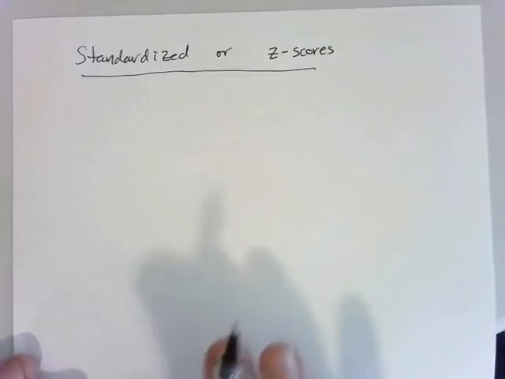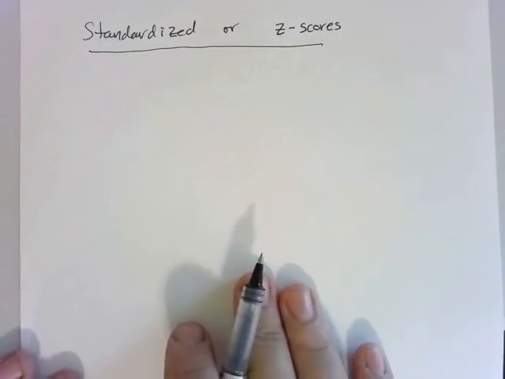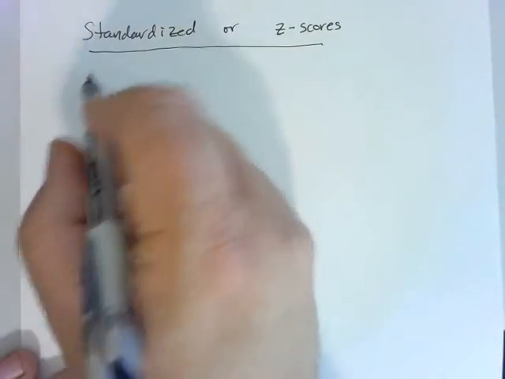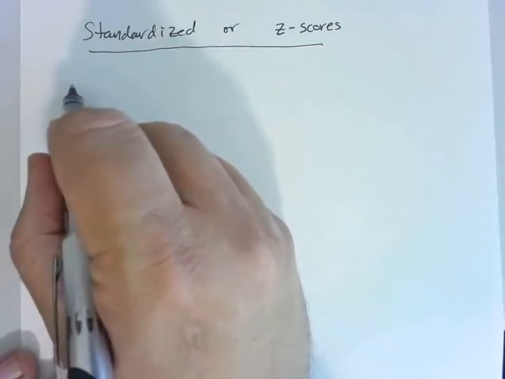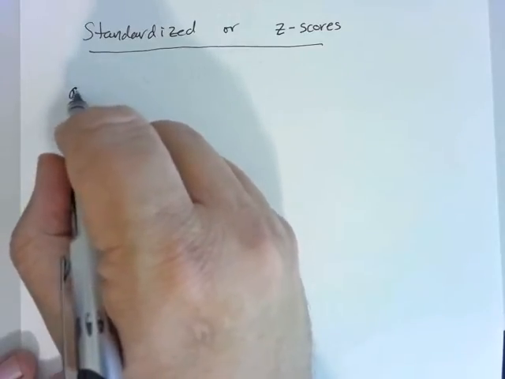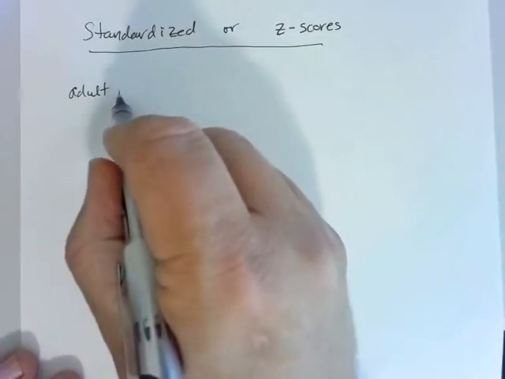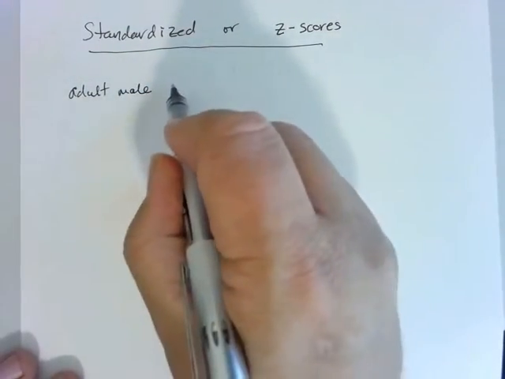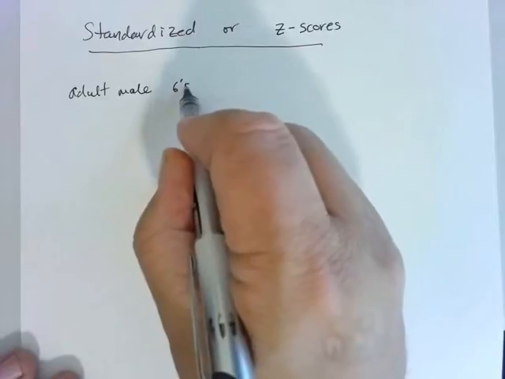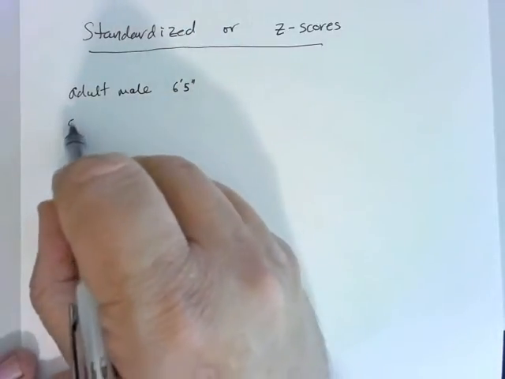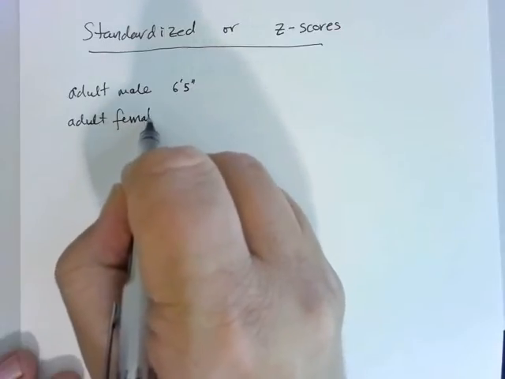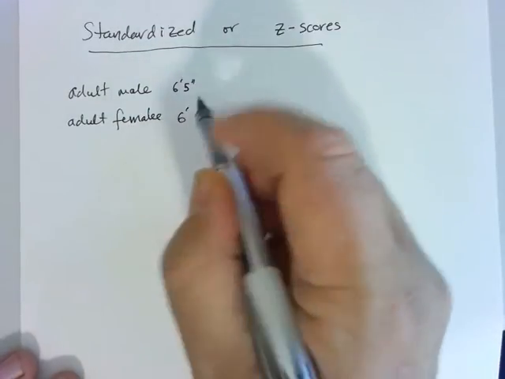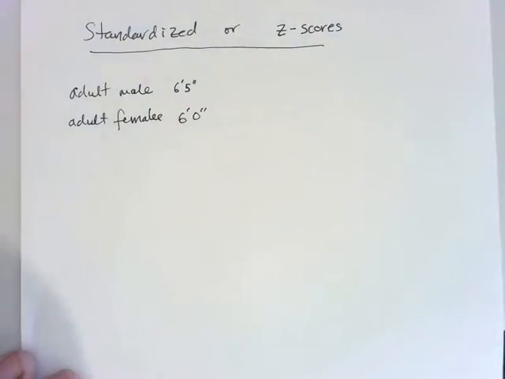I'm going to take an example that's very much like one from the book. Okay, let's say we've got an adult male. This is all U.S. So we have an adult male who is a 6'5" tall guy. Now let's say we have an adult female who is 6 feet tall, exactly 6 feet 0 inches.